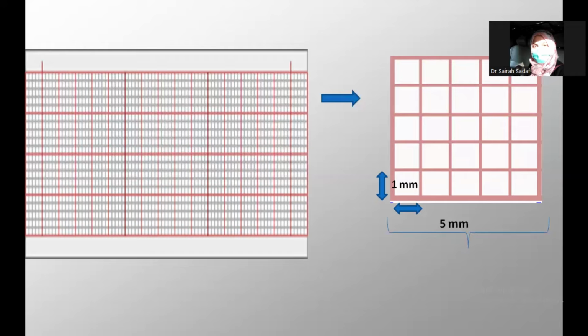Thus, 5 small squares will be equal to 5 millimeters. Now, on the horizontal axis, 1 small square is equal to 1 millimeter and 1 millimeter is equal to 0.04 seconds. Thus, 5 small squares will be equal to 0.20 seconds, or you can say 1 large square will be equal to 0.20 seconds. So it's easy.